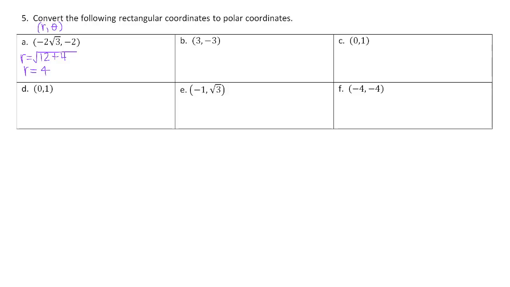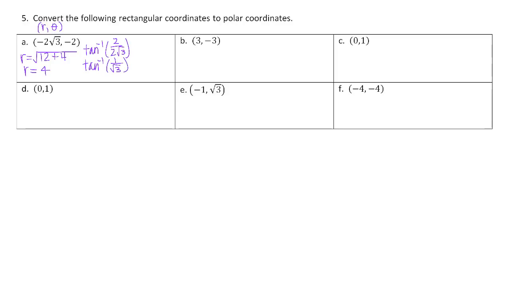Okay, and now for our angle, again, we're going to say inverse tangent of, and again, I'm going to ignore the signs because I know they're both negative, so we're going to be in quadrant 3, and so I'm just going to say 2 over 2 root 3. So that means I have inverse tangent of 1 over root 3.